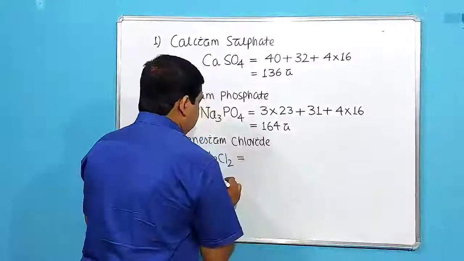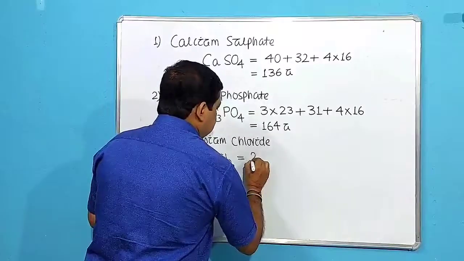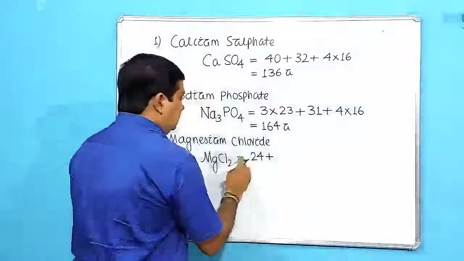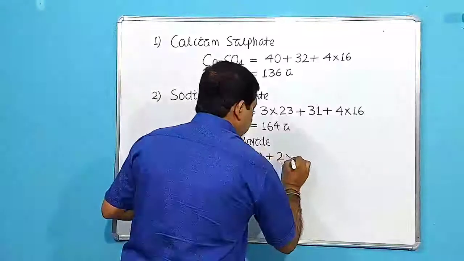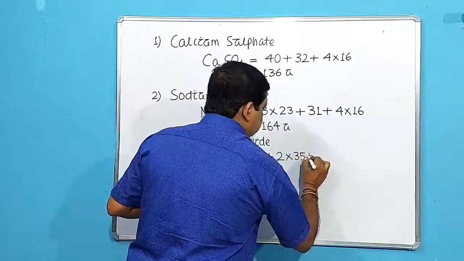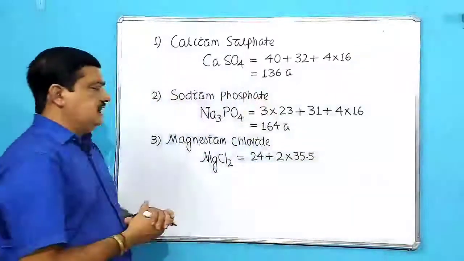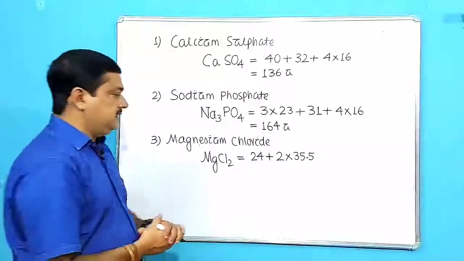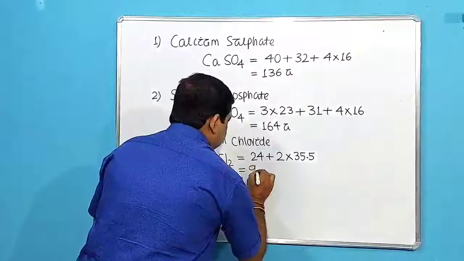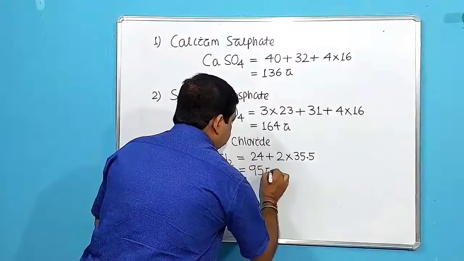So 1 atom of magnesium, atomic mass of magnesium is 24. Plus 2 atoms of chlorine, so 2 into 35.5. Many of you wrote 35, but I have shown you many times that the atomic mass of chlorine is 35.5. So 71 plus 24, that means 95 U.